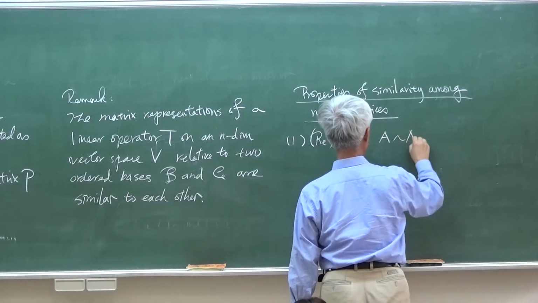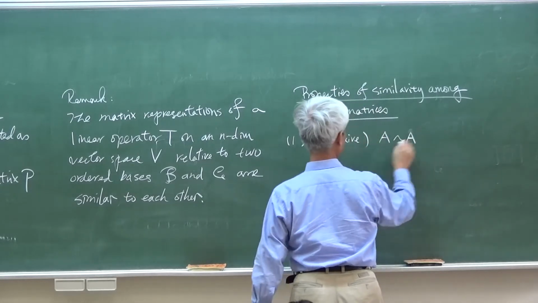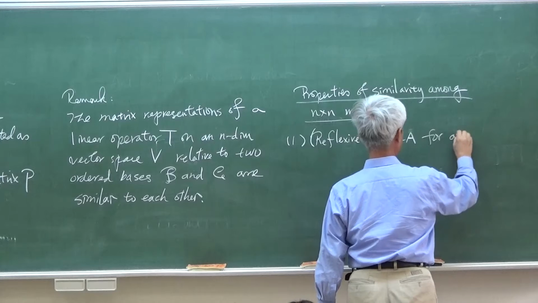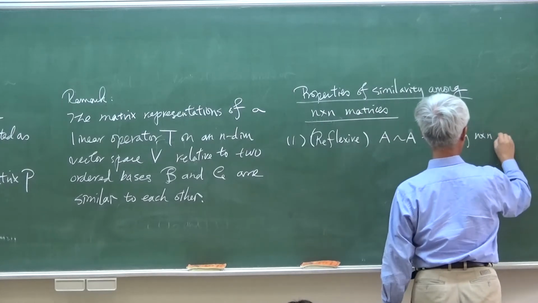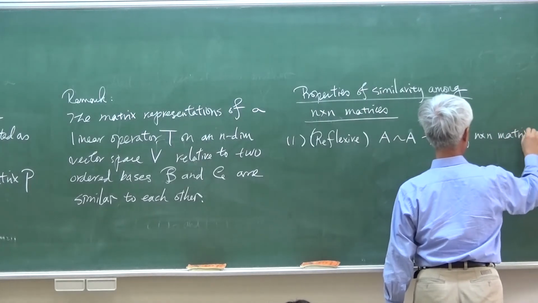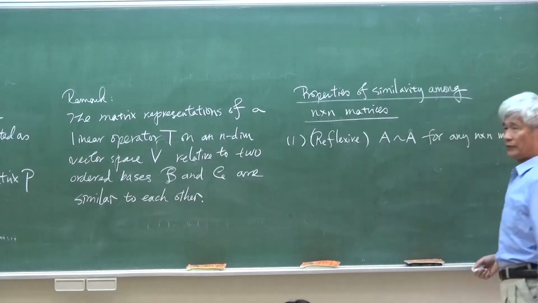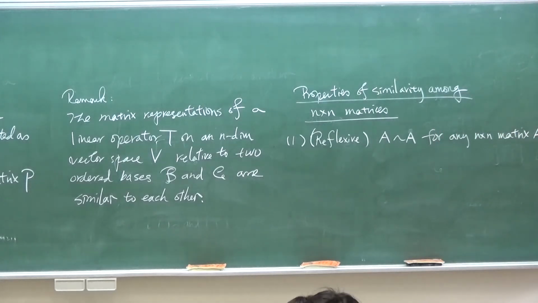A is similar to A for any n times n matrix. So first of all, any n times n matrix is similar to itself.